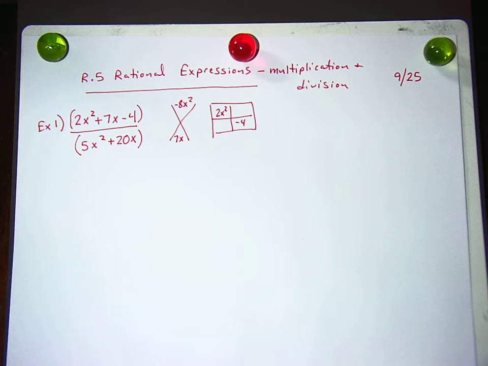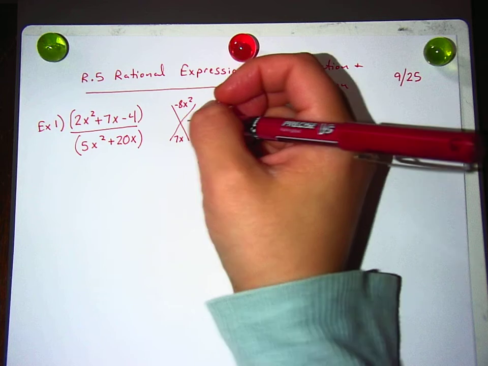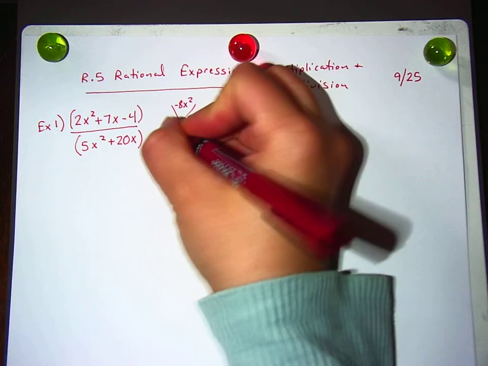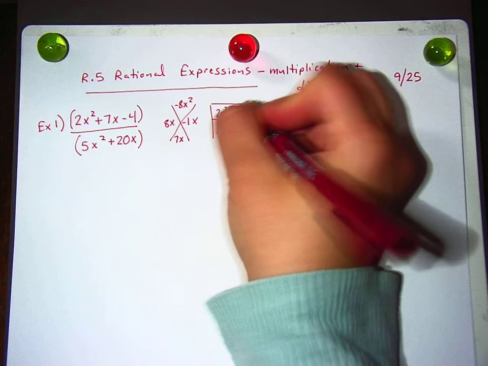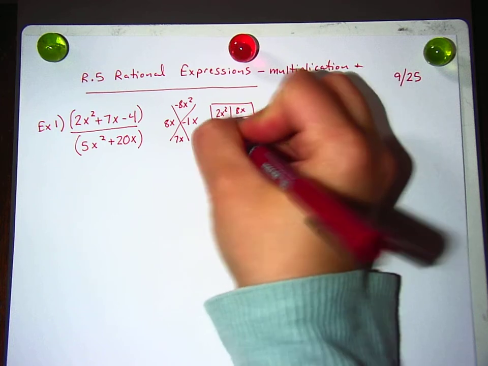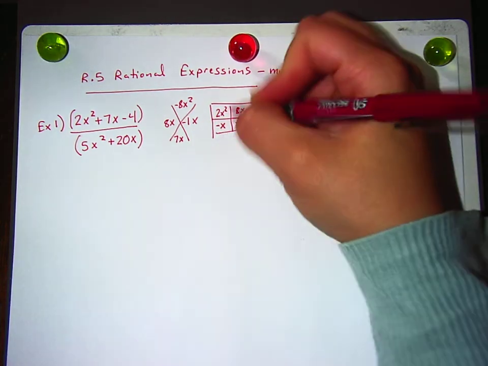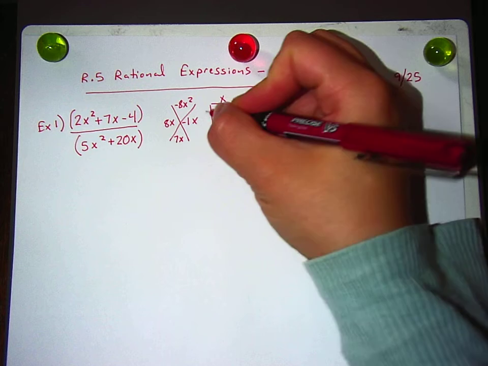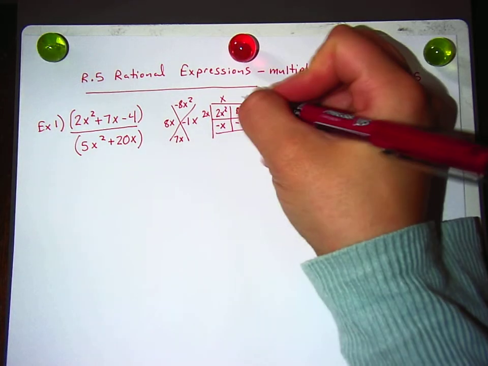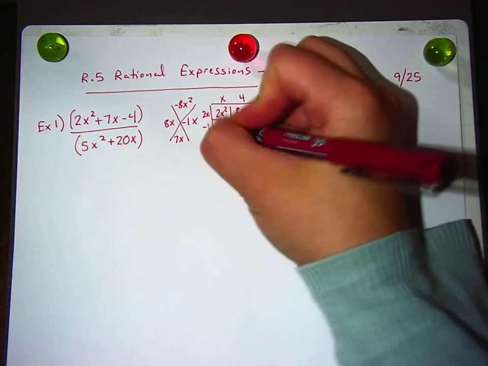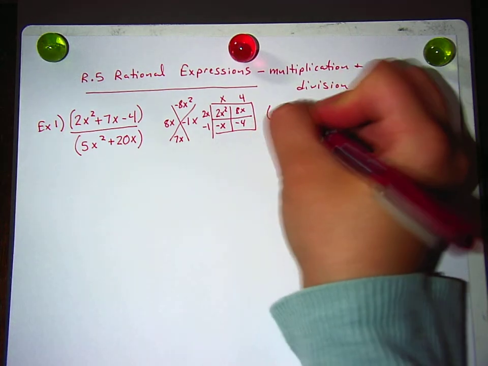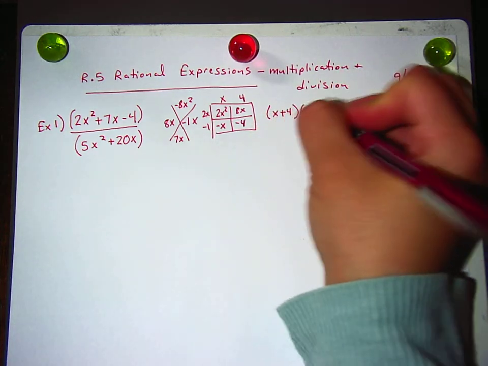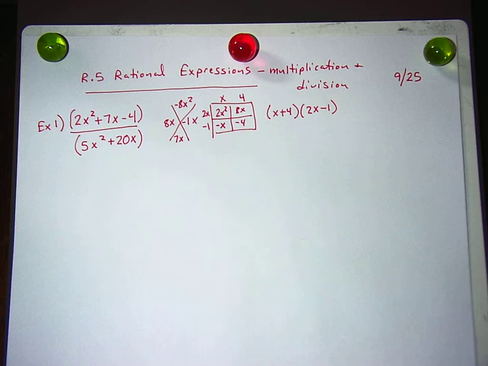So let's see, how about 8x and negative x, and then I've got to figure out what I can pull out. Let's see, that's x, 2x, 4, negative 1. So this top part here is x plus 4 times 2x minus 1, like that.